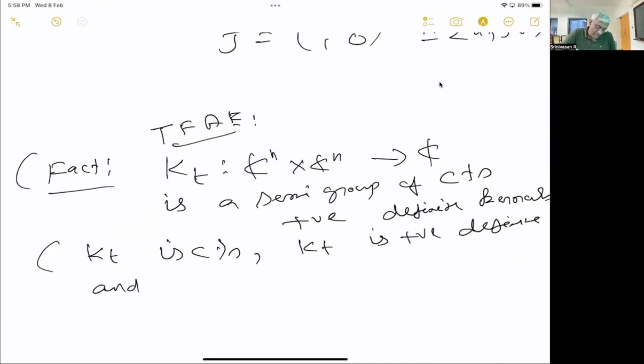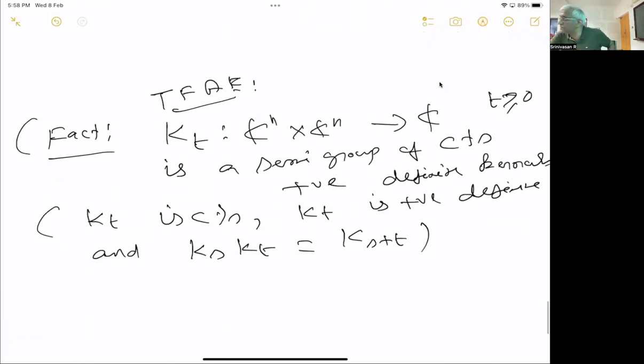And further, Ks times Kt, just the product of these functions, equals Ks plus t, for t greater than or equal to 0. That's why it's a semigroup. Otherwise, if we allow t negative, it's called a group.